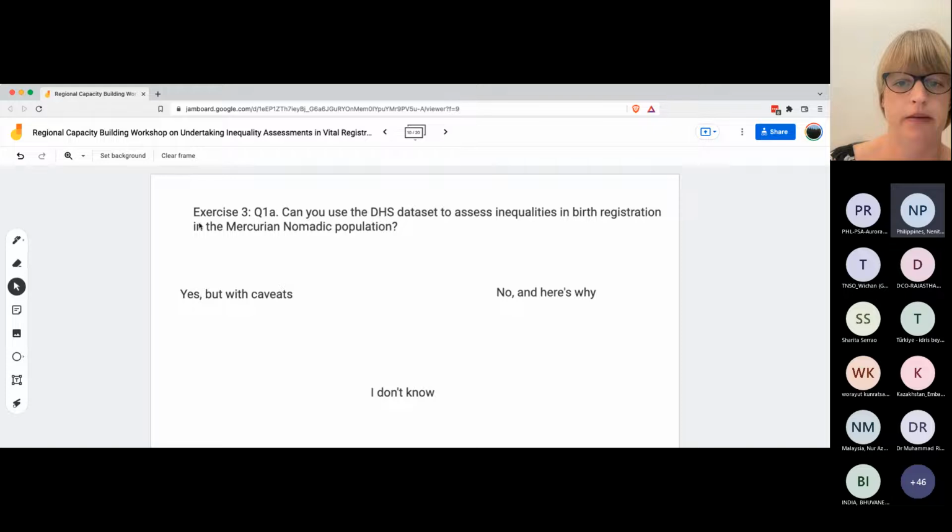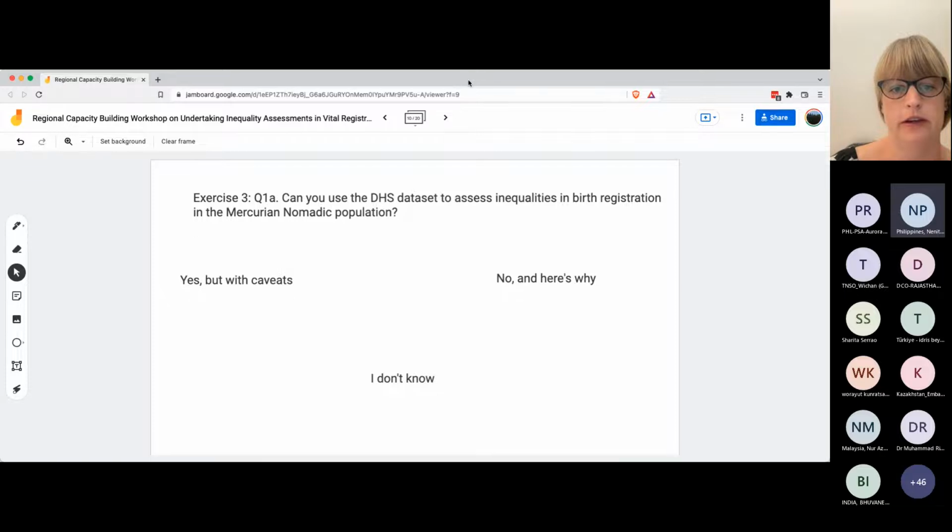And it's also labeled exercise 3, question 1A, asking if we can use this DHS dataset. And so have a think about it, and then you can make your little sticky and post it: maybe yes with caveats, or I don't know, or no, and here's why. And then we can discuss the results a little further. So I'll give you about 5 minutes to think it over and make a sticky note.